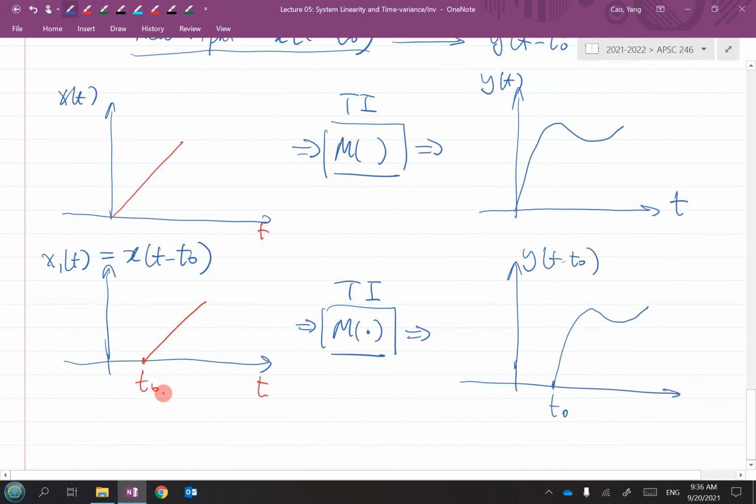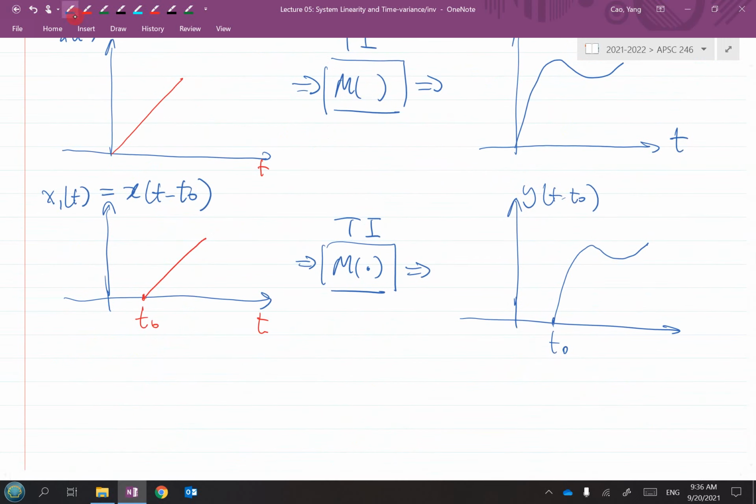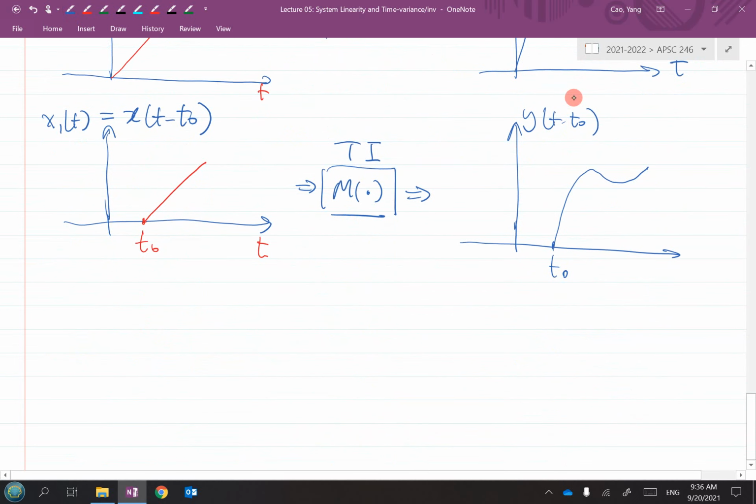Okay. Now, if I have a question asking you to check the time invariant or time variant property, let's take a look at an example. Your objective is to check two things. Let's say I give you a system which looks like this.